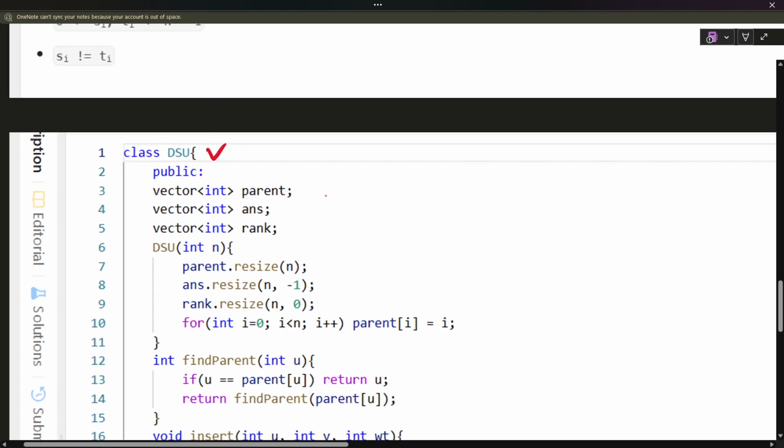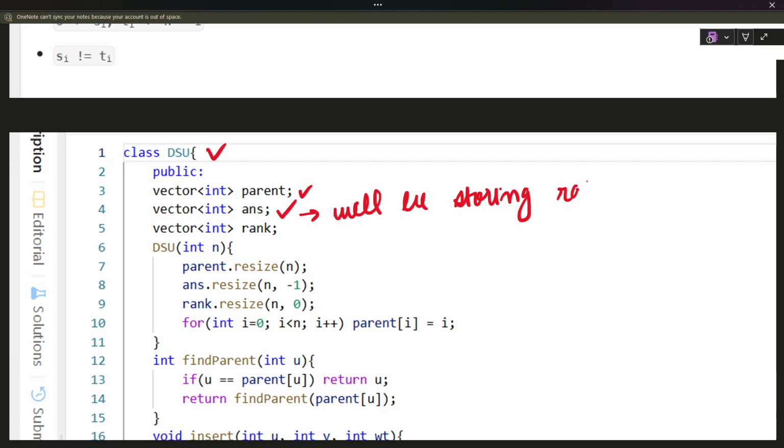Here is our parent, our answer, which will be storing the AND, and here is the rank.